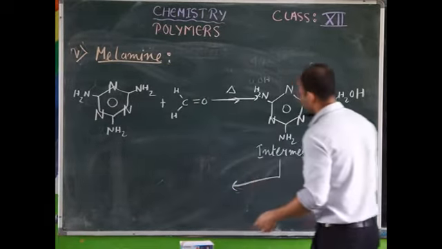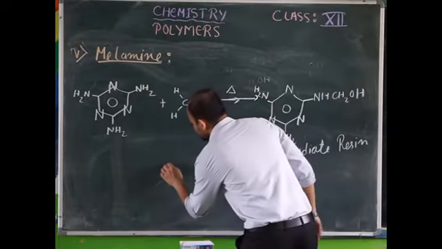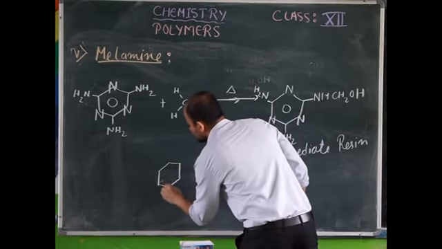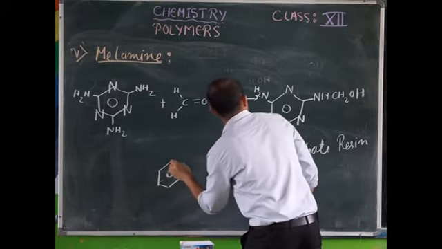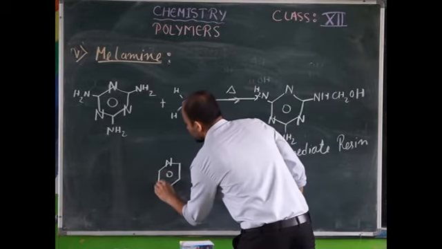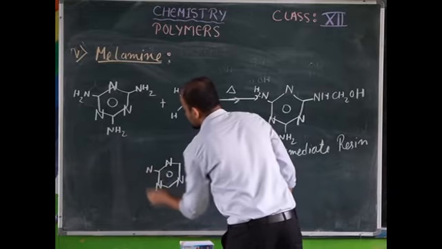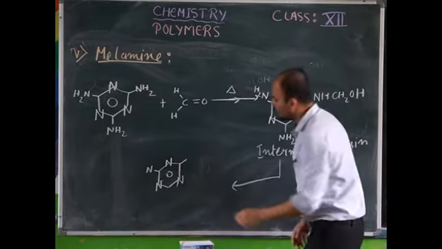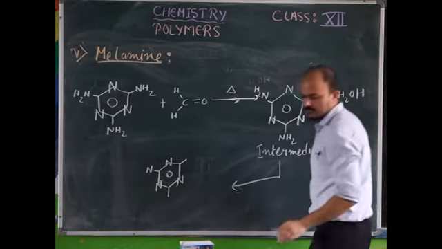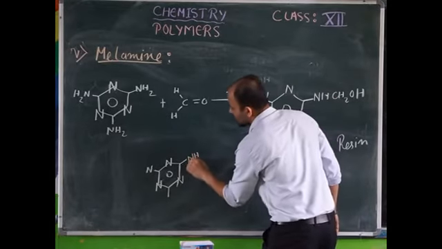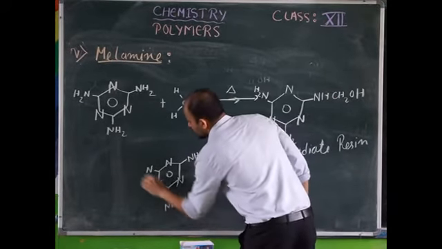So let me write that structure. Here we have nitrogen, nitrogen, and nitrogen. Now all these three chains extend in all the three directions, so we get NH, NH, NH.